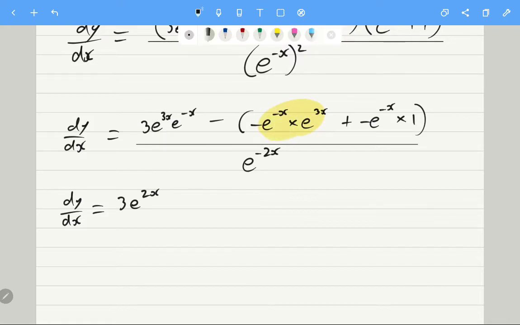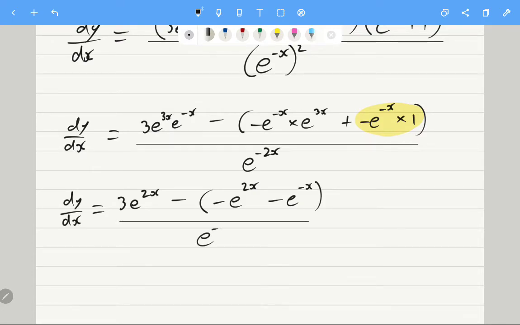In fact, pretty much the same situation. So minus e to the minus x plus 3x, which once again is equal to 2x. Over here, we've just got times by 1 means we're just going to get the original thing, so minus e to the minus x. And all over, the denominator is actually pretty much finished, so e to the negative 2x.